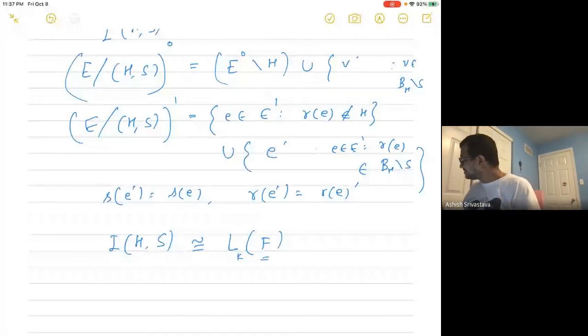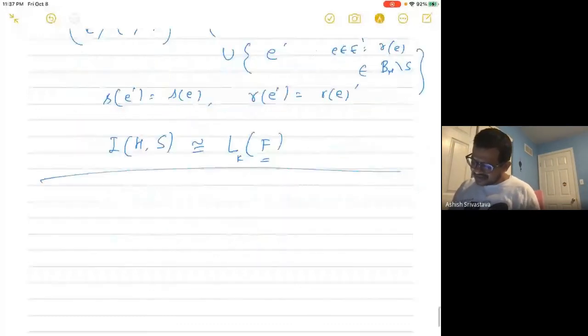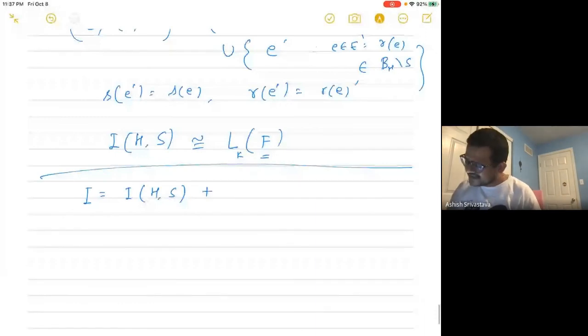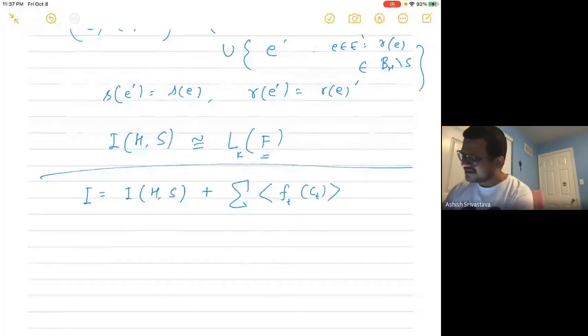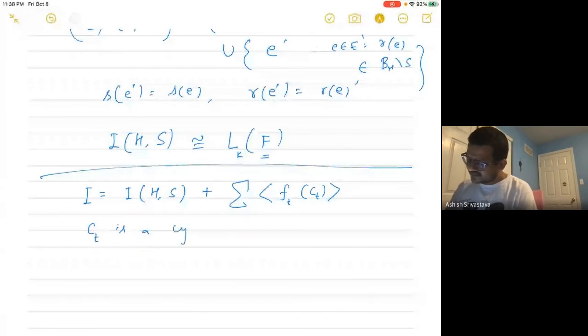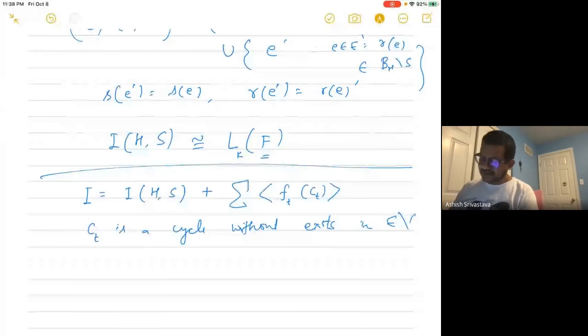I can just quickly mention that if you take any two-sided ideal, it will have this kind of structure: I sub (H,S) plus the other part, which is generated by f sub T of c sub T. Here c sub T are cycles without exits in the quotient graph, and f sub T is a polynomial with non-zero constant term.